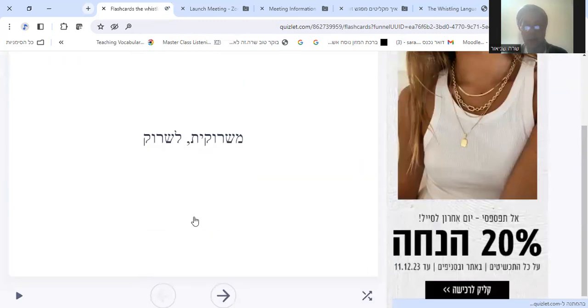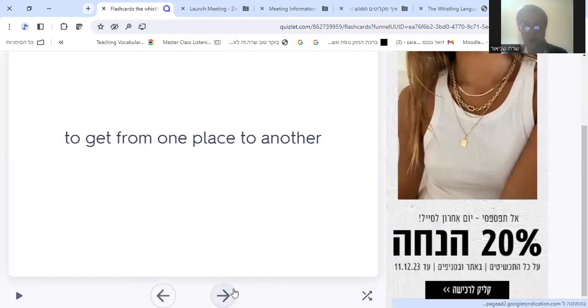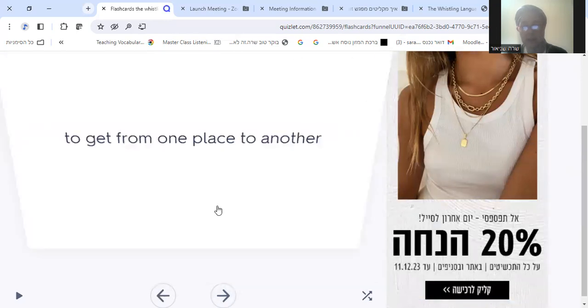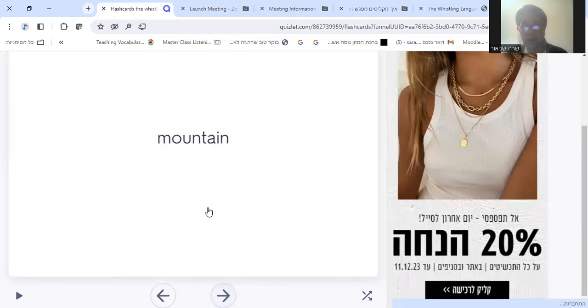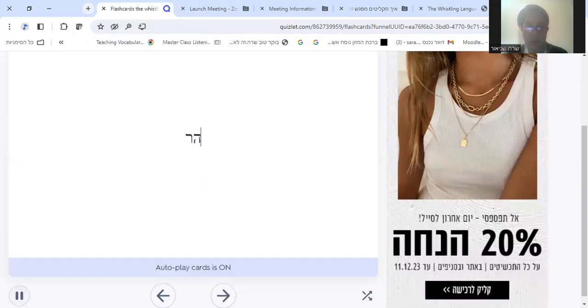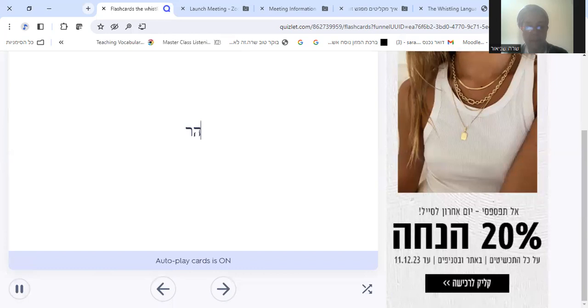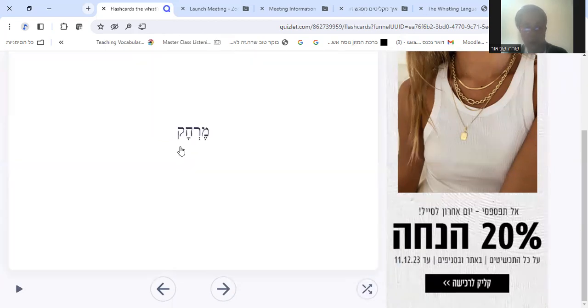Whistle, משרוקית, whistle, משרוקית. Next, to get from one place to another. Okay, that's one way of playing with it. Now what I want is to make it smaller. Let's do that.